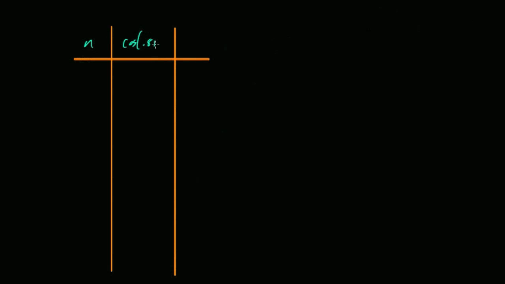Fill in these two columns and you'll see that they should be exactly the same. Cosine of 0.8 pi 0 is the same as cosine of 1.2 pi 0. Cosine of 0.8 pi is the same as cosine of 1.2 pi. The 0 case is obvious because it's 1 and 1. The 1 case we've just proven. But you'll find that for n equals 2, 3, 4, they're all the same. You see how that works?